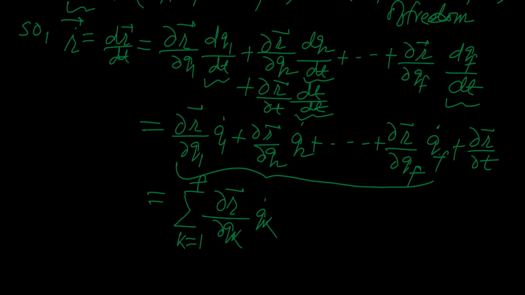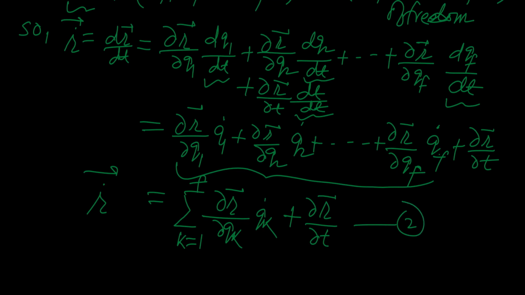Substituting the limits k equal to 1 to f, you will get all these first f terms, plus the last term, del r by del t. We have found it for r dot. This expression is for r dot.